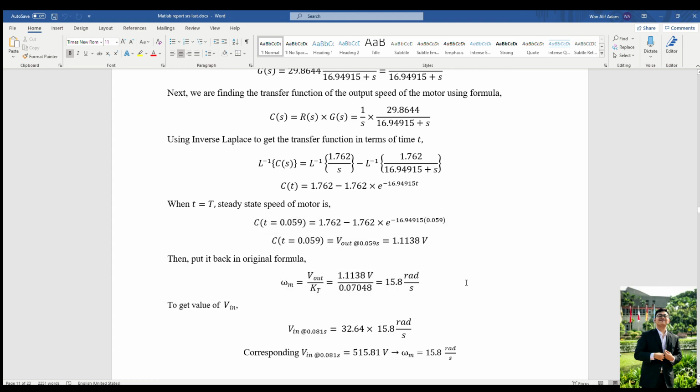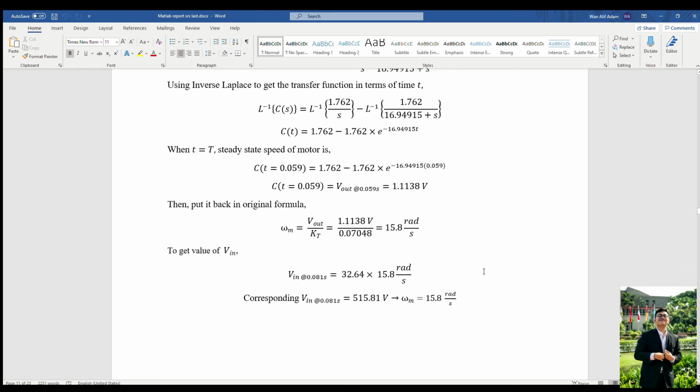And then we put it back in the original formula, K_T equal to V over omega, to obtain the angular velocity, and we get 15.8 radians per second. So it's proven.